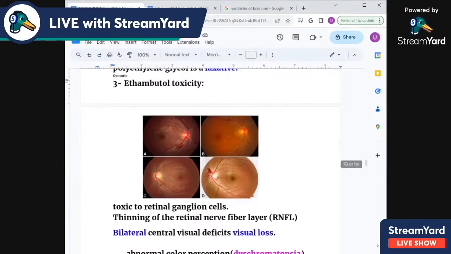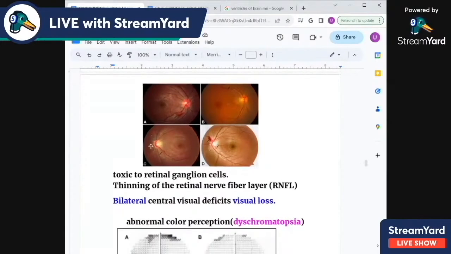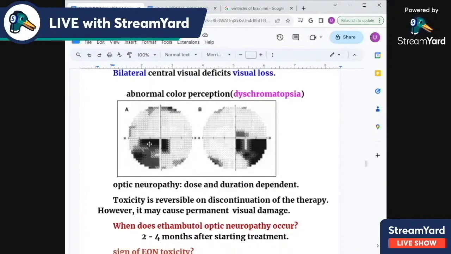Then the ethambutol toxicity. Ethambutol is an anti-tubercular drug, and it's toxic to the retinal ganglion cell layers. It causes bilateral visual loss with cecocentral or central scotomas because this is toxic thinning of the retinal nerve fiber layer, RNFL.